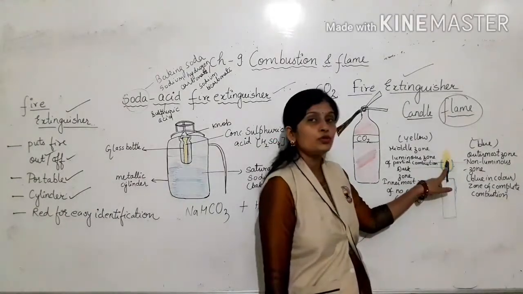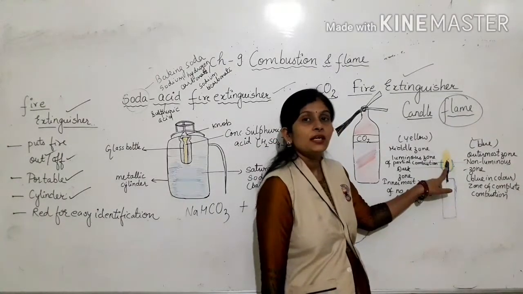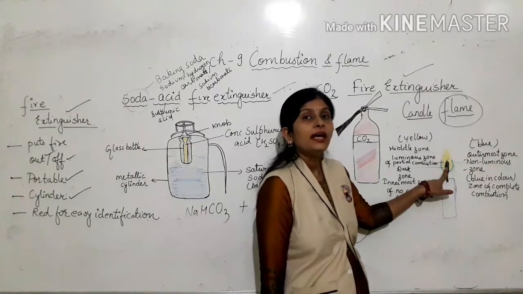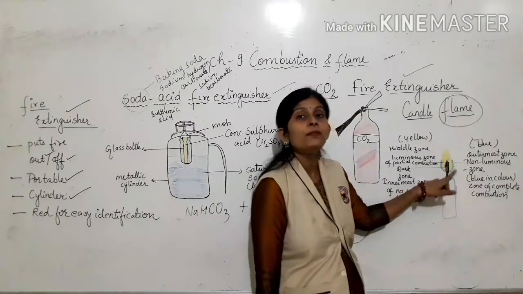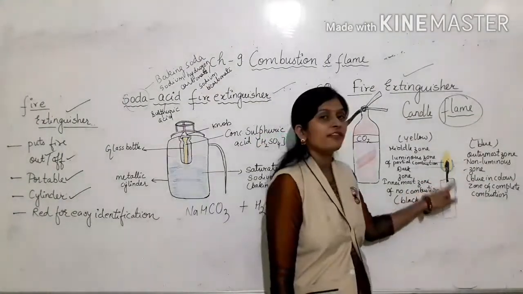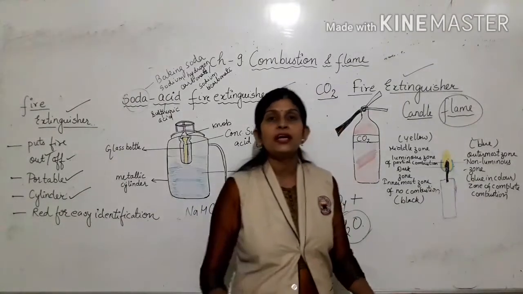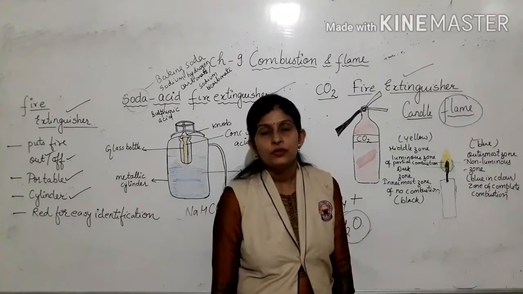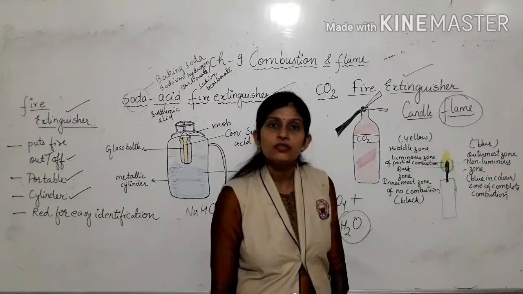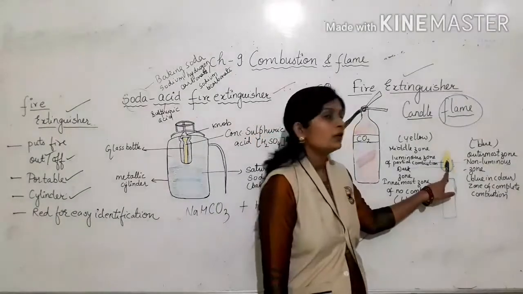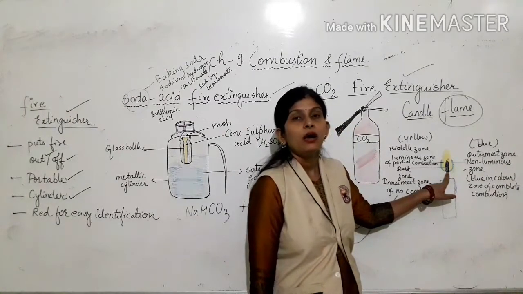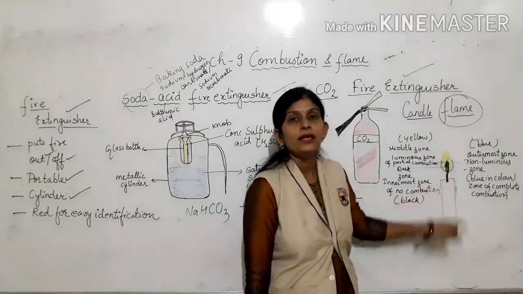Now the innermost zone, this is the dark zone which is dark or black in color and it is the zone of no combustion, no burning because here wax vapors do not get oxygen at all. So they do not burn in the absence of oxygen.